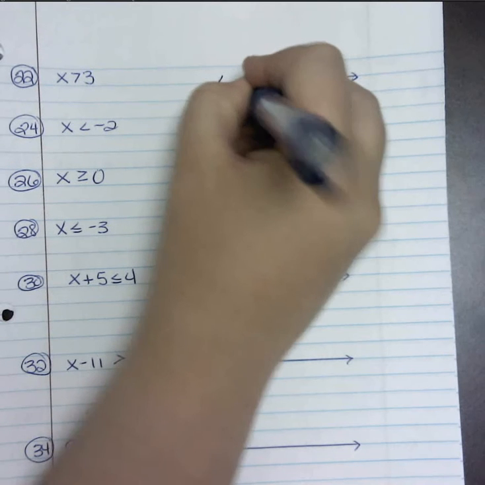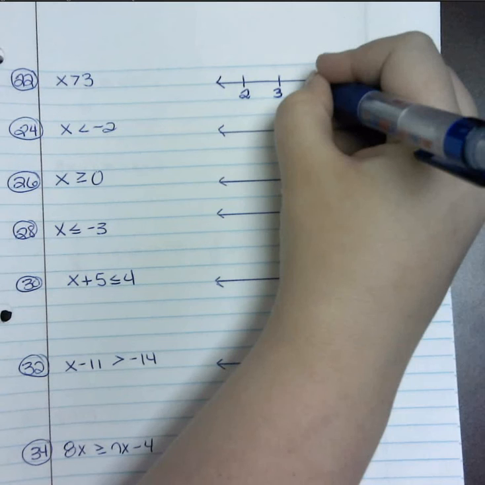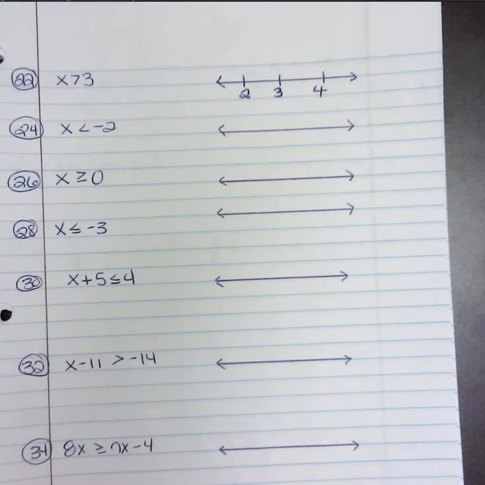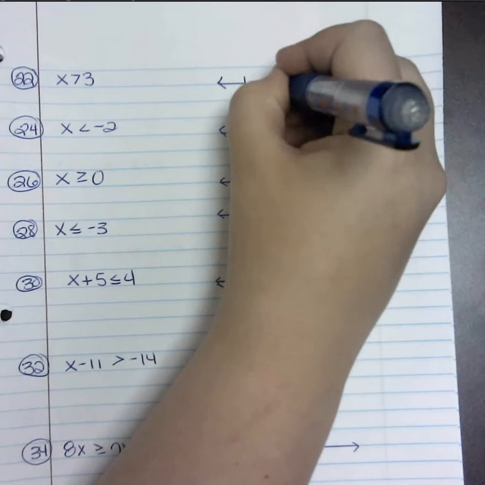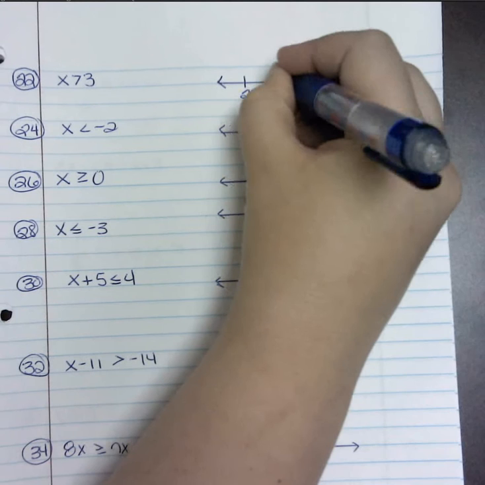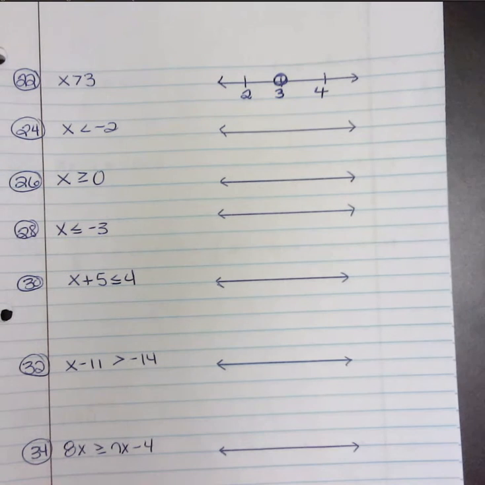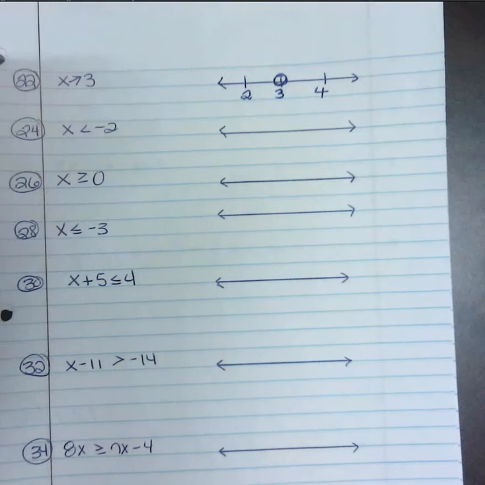The number after 3 is a 4. So we're going to use an open circle on the 3. And we're going to shade to the right because it says x is greater than 3, and our arrow is pointing to the right.